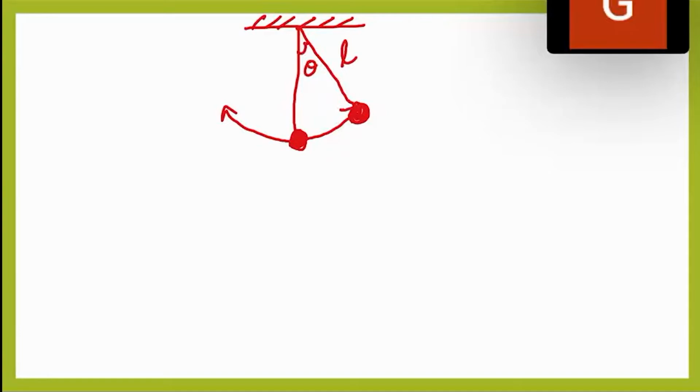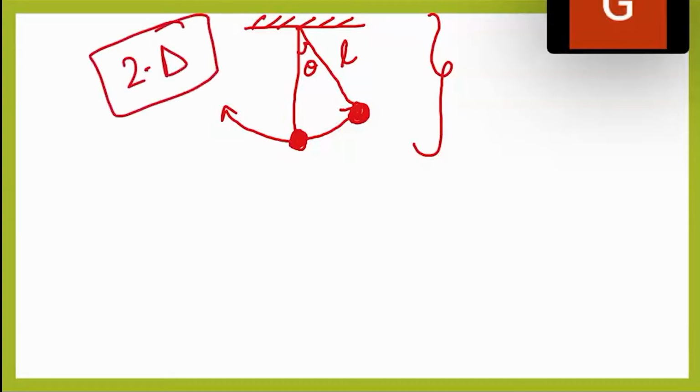As I told you, the first thing is to identify the generalized coordinates of the system. The generalized coordinate for this system is just theta, since it has 1 degree of freedom. One more thing to mention, I am taking this in 2 dimensions. Had this simple pendulum been in 3 dimensions, the generalized coordinates would increase automatically.